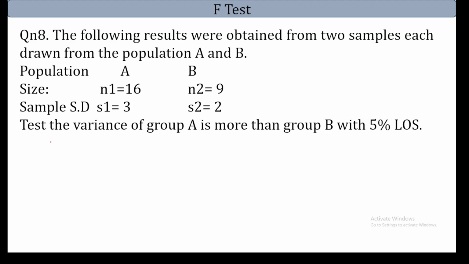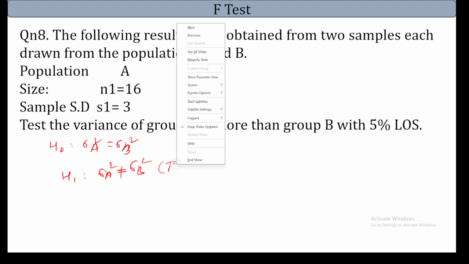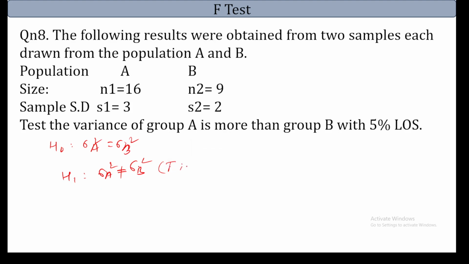Okay, I will start. It will be sigma A square, or maybe you can write S1 square also. H1 will be, so this is again a right tail test.